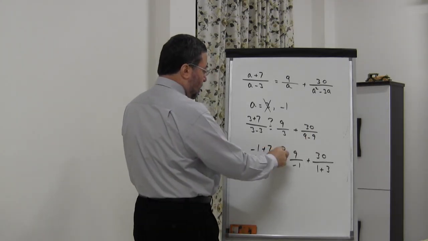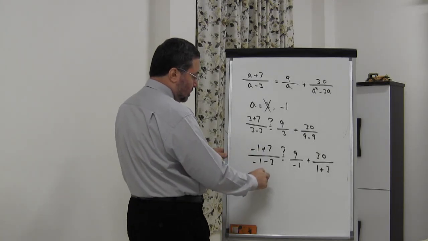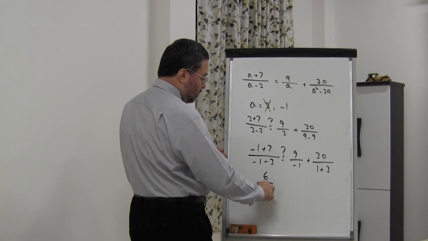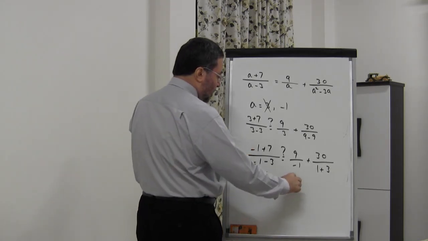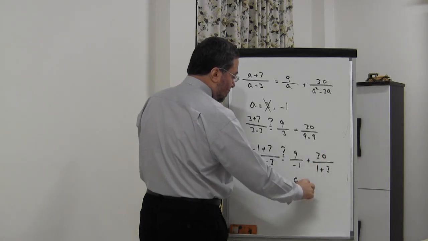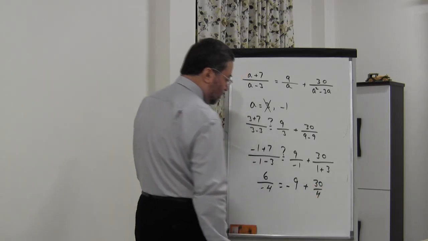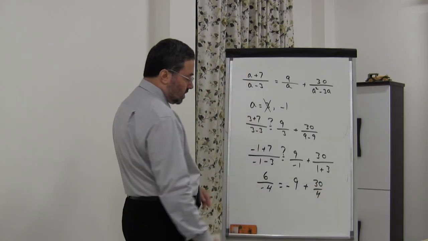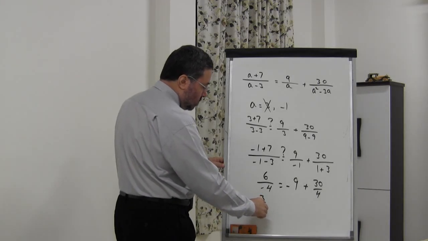So here we get, and there's a question mark, are they equal? We get 6 over minus 4, and here we get minus 9, and in this we get 30 over 4. That gives us 3 over 2 minus 3 over 2.